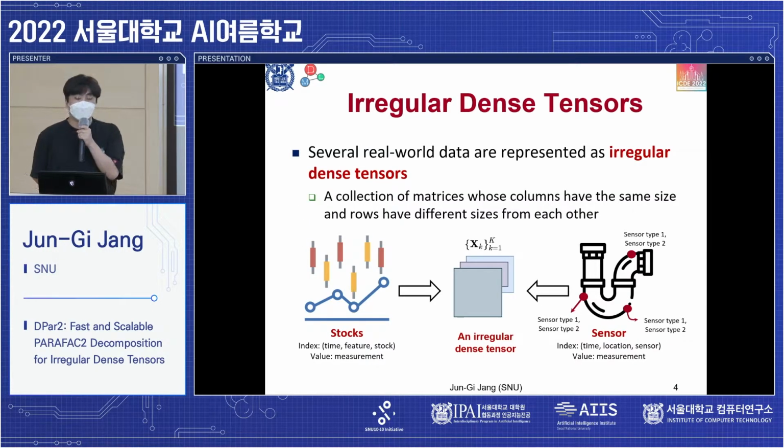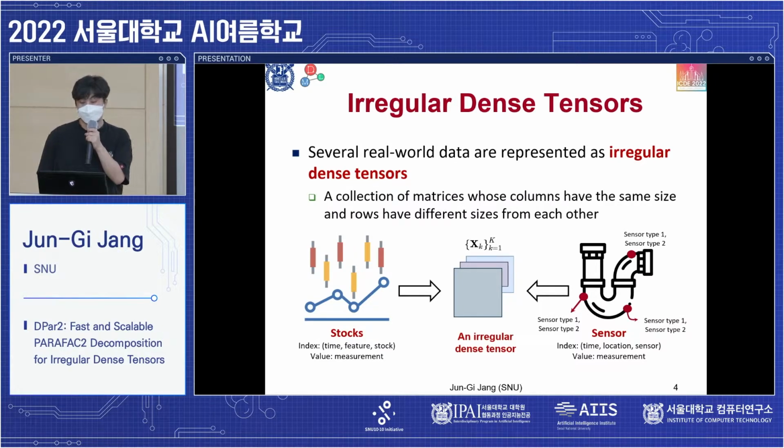Many real-world data can be represented as irregular dense tensors, which are collections of matrices whose columns have the same size but rows have different sizes. For example, stock data can be represented as an irregular tensor. Each stock can be represented as a matrix whose rows and columns correspond to time and feature respectively.